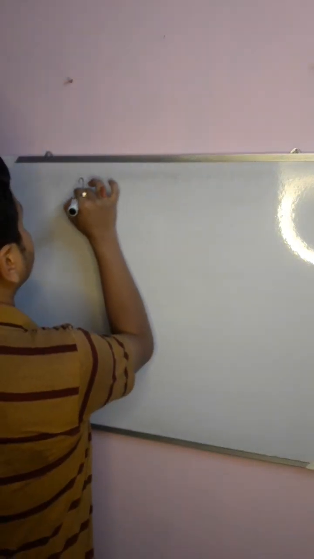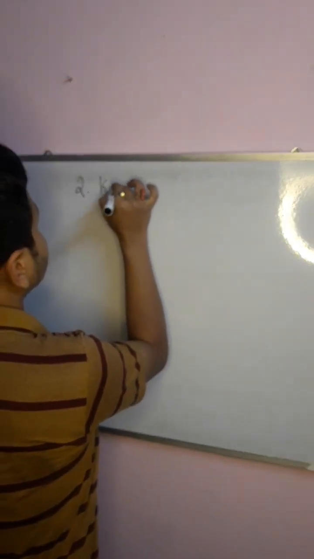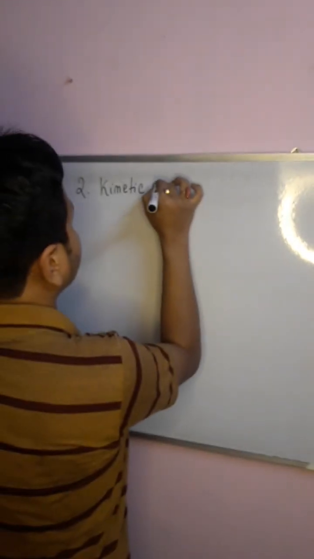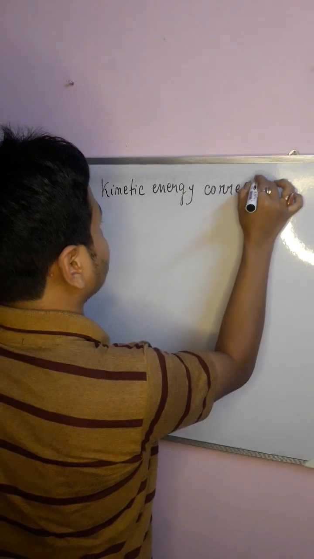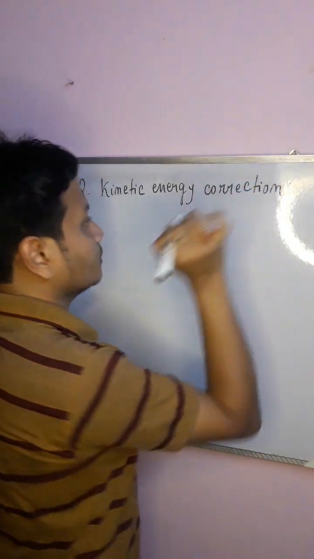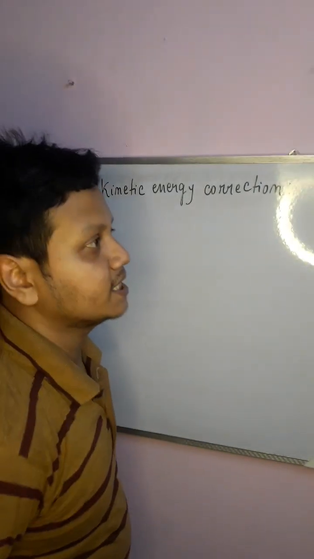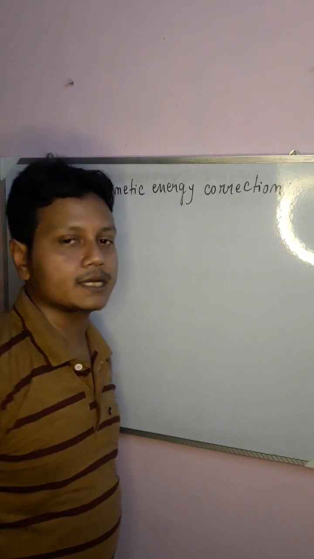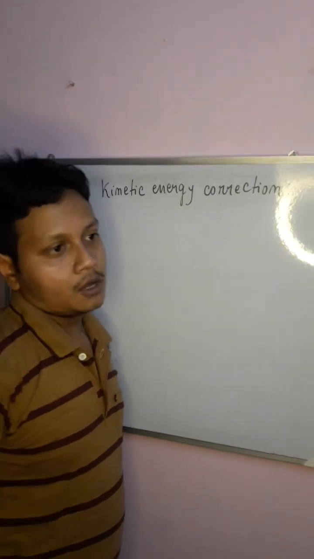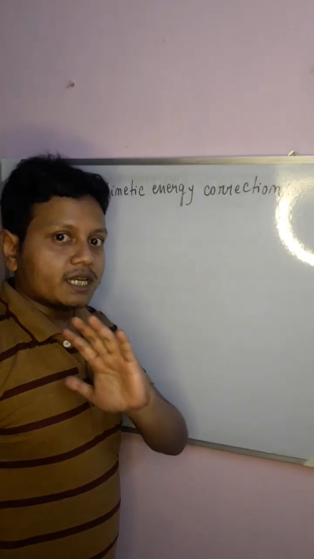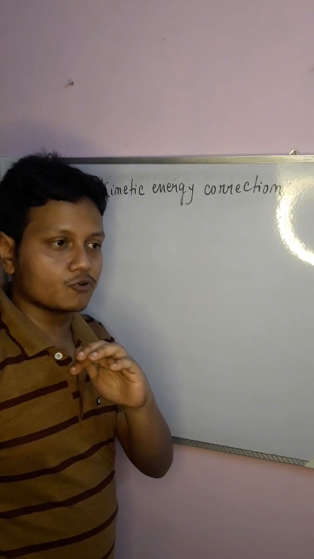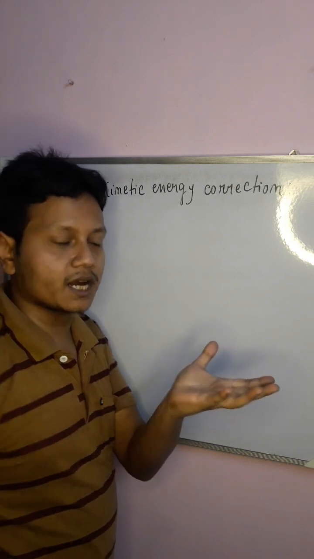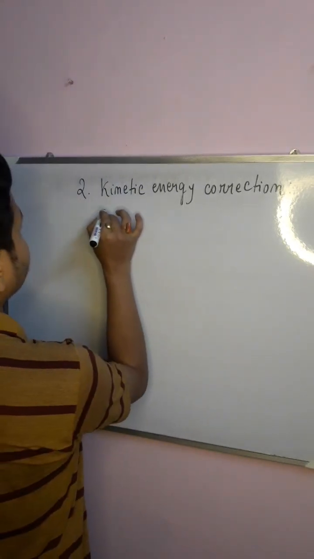Now another is the kinetic energy correction. What is this? Now we all know that the viscous force acts in the opposite direction of the flow of liquid. So a portion of the total energy is used by the liquid to overcome the viscous force, and the rest is converted into kinetic energy.